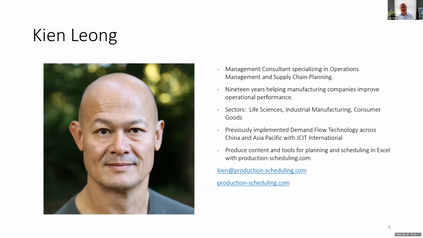My professional area is management consultancy for operations management and supply chain planning. In practice, that means helping manufacturing companies improve operational performance. I have quite a broad range of sectors. Most recently, a lot of work in life sciences, particularly biopharmaceutical manufacturing. Also doing a fair amount of work within industrial manufacturing and consumer goods.